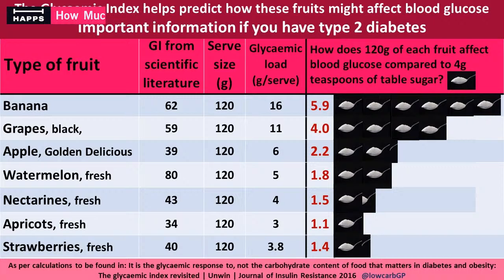It provides about 5.9 teaspoons of sugar. That's close to 6 teaspoons of sugar. And this is going by a teaspoon of sugar weighing about 4 grams. Okay? A teaspoon of sugar would weigh about 4 grams.